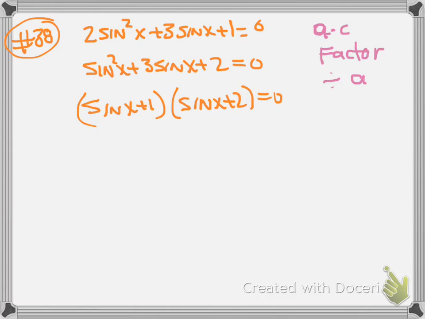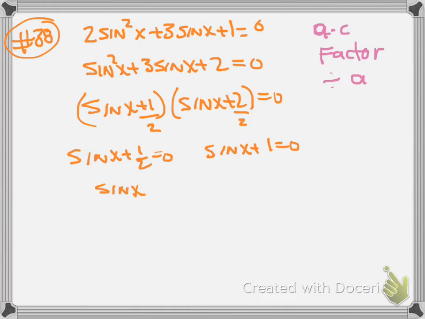Now remember, we do have to come back and divide by the a that we multiplied the first time. So I end up with sine of x plus 1 half equals 0, and sine of x plus 1 equals 0. So sine of x equals negative 1 half, and sine of x equals negative 1.